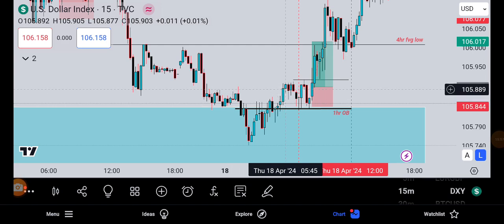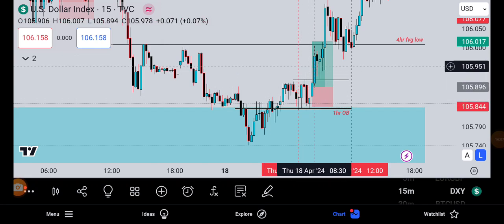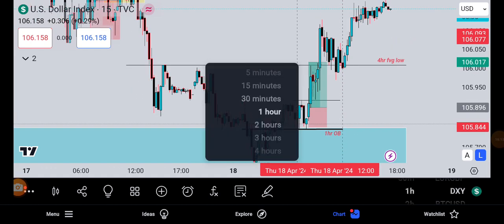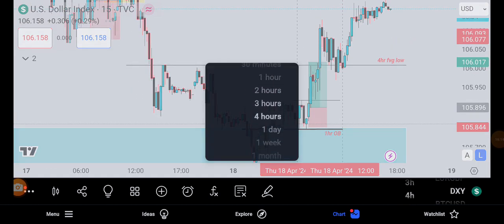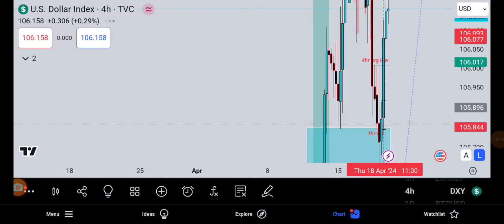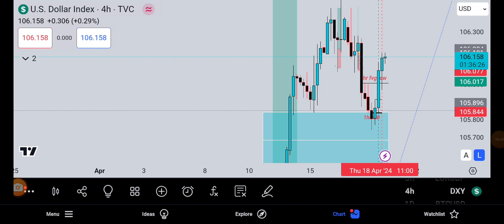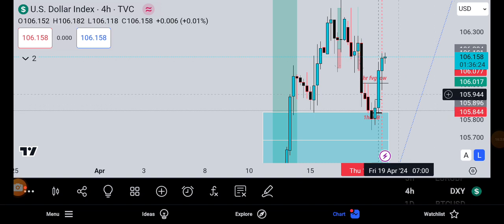Then continuation higher, the market retraced lower, dipped into this 15 minute order block, which was paired with the 1 hour order block, as you can see. Then we had this push higher, and my target was this 4 hour fair value gap, because maybe the market could react off it.